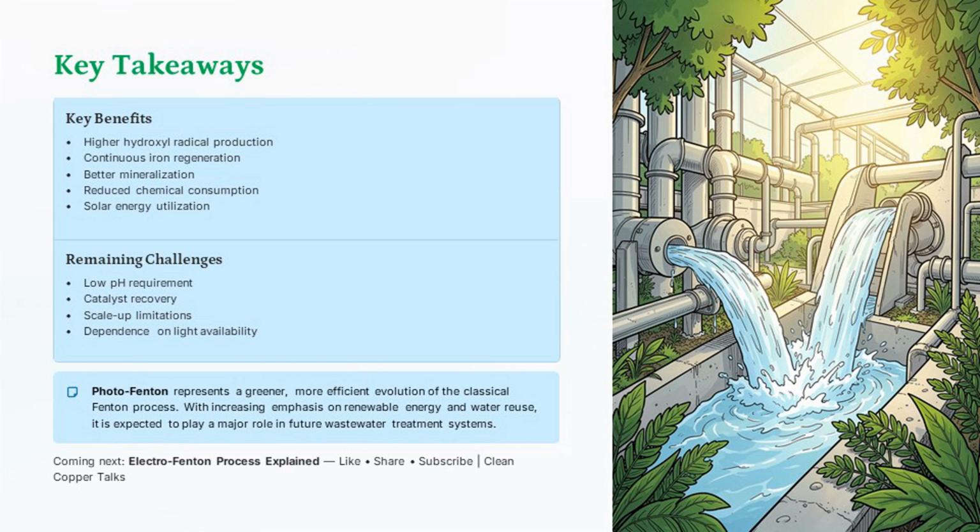Catalyst recovery can be difficult, large-scale implementation needs further optimization, and treatment efficiency depends on light availability. Despite these challenges, Photo-Fenton represents one of the most promising green technologies for future wastewater treatment. As renewable energy and water reuse becomes increasingly important worldwide, we can expect this technology to play a significant role in sustainable environmental engineering.